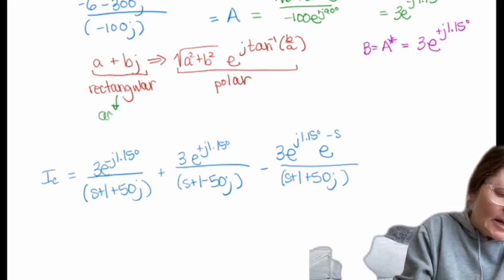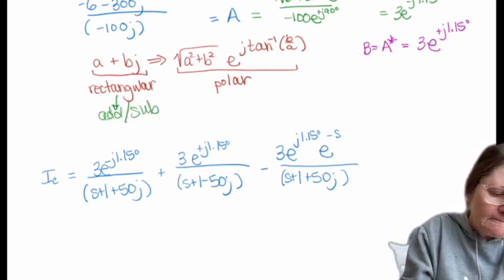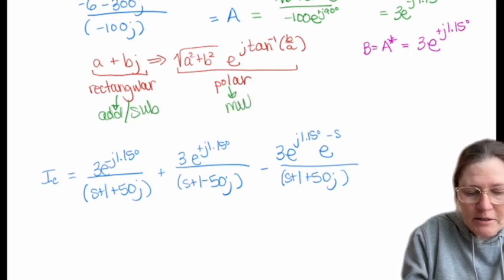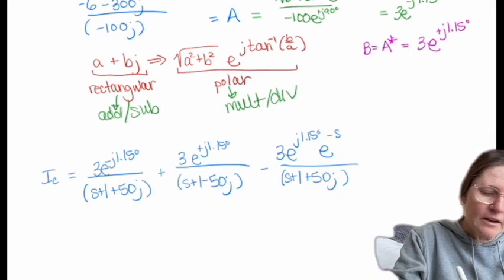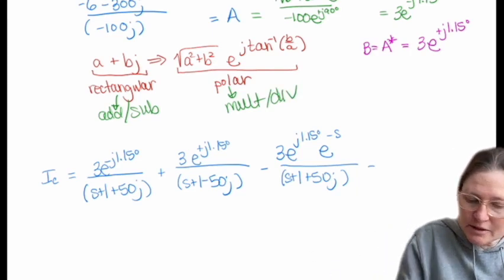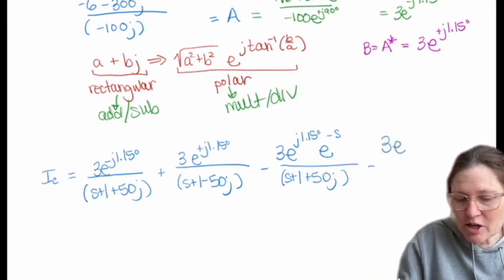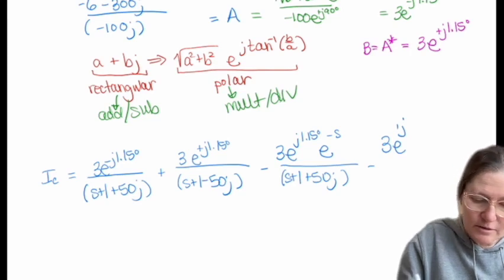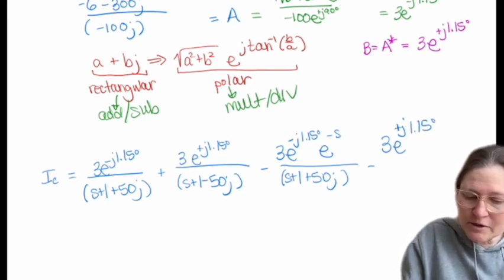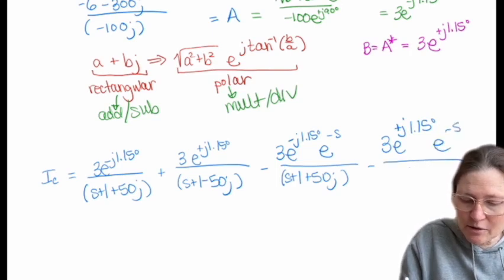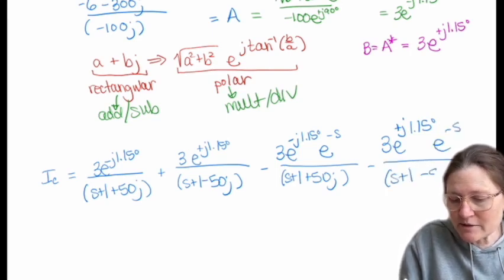All right, so this is add, subtract, and this is multiply, divide. All right, and then we need the last part of this, which is e^j to the plus, oops, this one's minus, sorry, this one's plus 1.15 degrees, e to the minus s over the s plus 1 minus 50j.